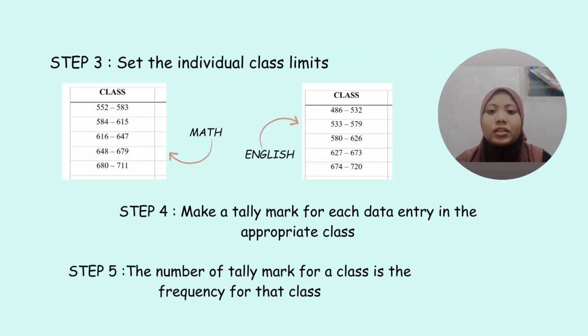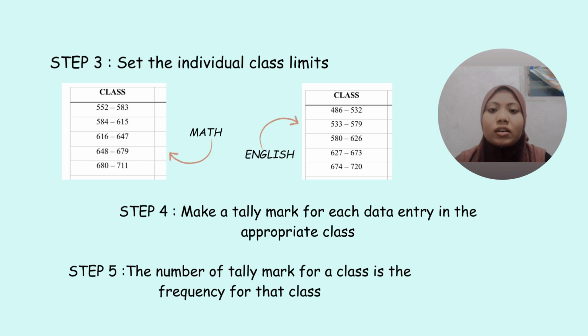The third step is to set the individual class limits. The minimum data entry is a convenient lower limit for the first class. To find the lower limits of the remaining 5 classes, add the class width of 32 to the lower limit of each previous class. For math SAT score, the upper limit of the first class is 583, which is 1 less than the lower limit of the second class.